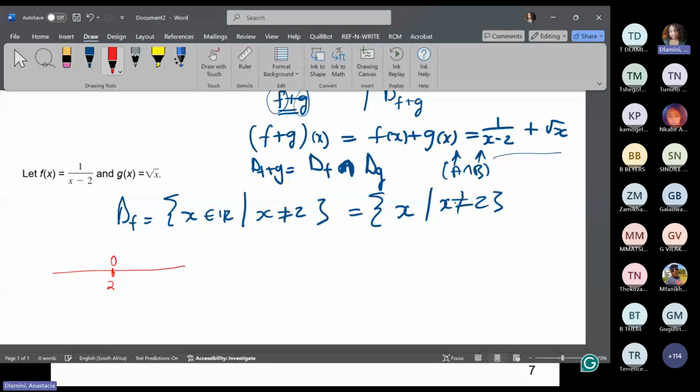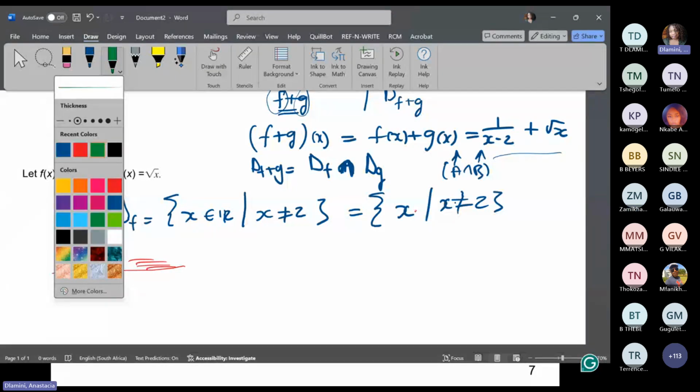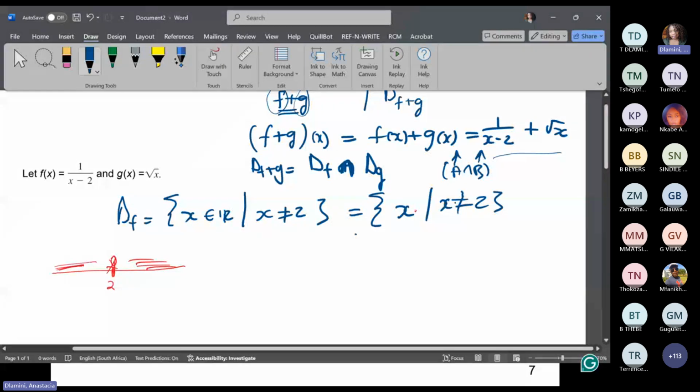Meaning that your function, all x values, x element of real numbers, all these x values and all these x values, but not this particular x value. So you are saying that the domain of f is from negative infinity.